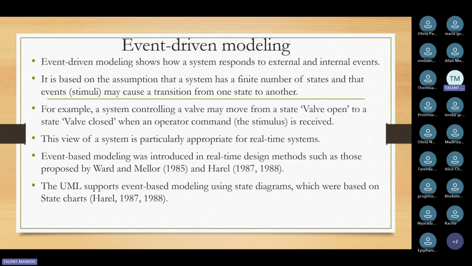Think of an air conditioning system. If a room reaches a particular temperature, the system may, because the stimulus, which is a certain temperature, has been reached, the system starts executing.